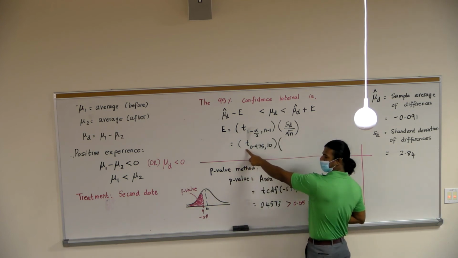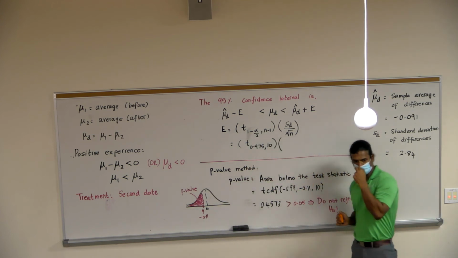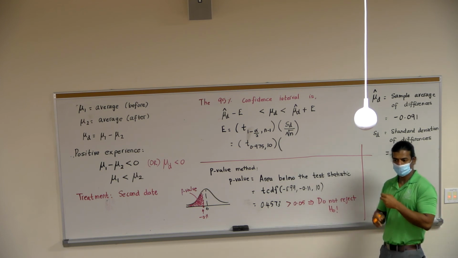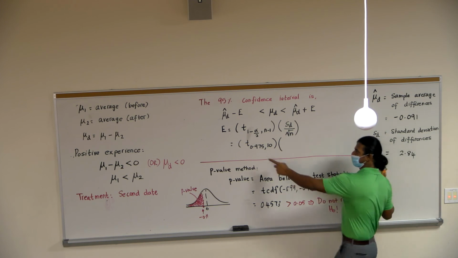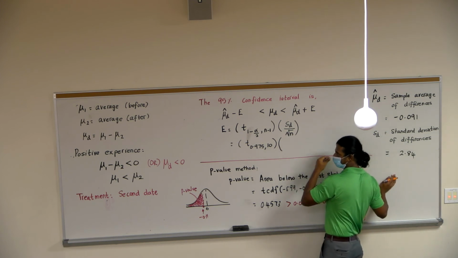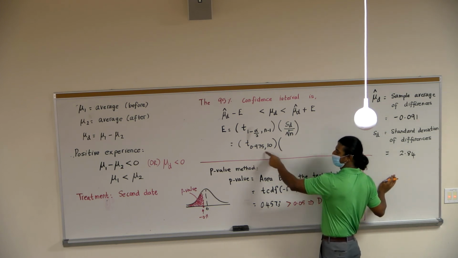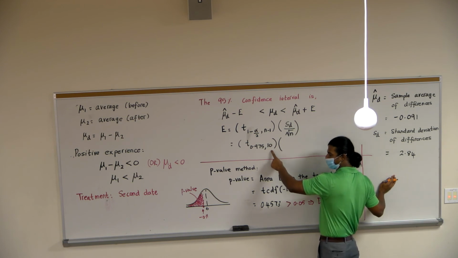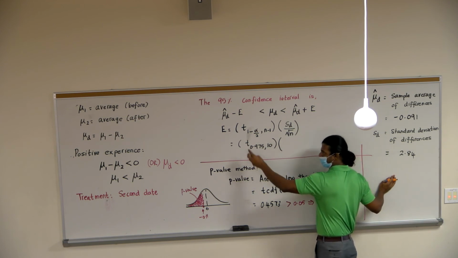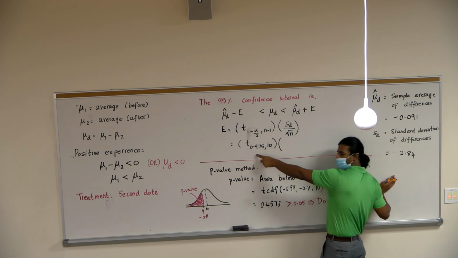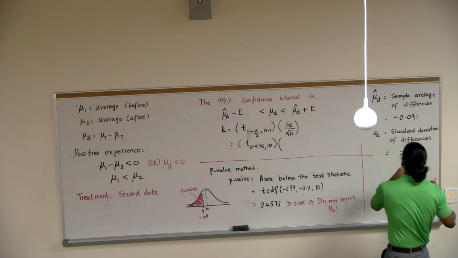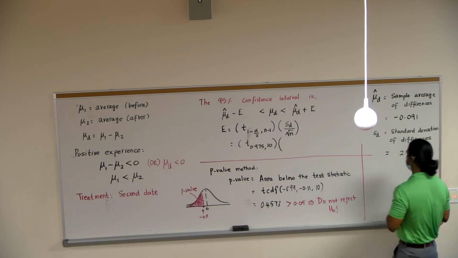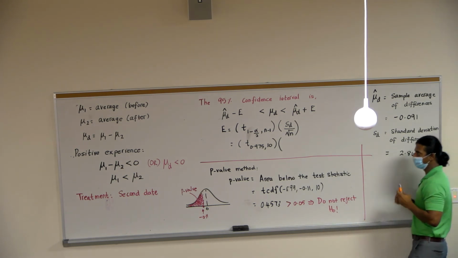So the critical value, what do we use to find the critical value in your calculator? Inverse t. So the area below here is 0.975. Degrees of freedom is 10. So all we have to do is plug in inverse t, 0.975, 10. And the standard deviation of differences is 2.84.